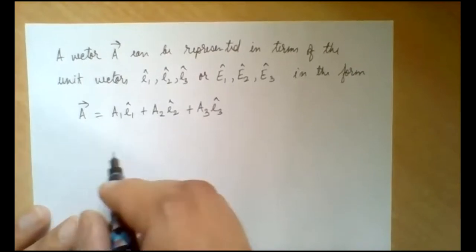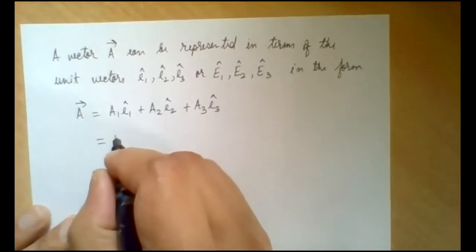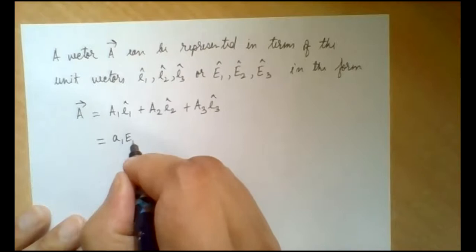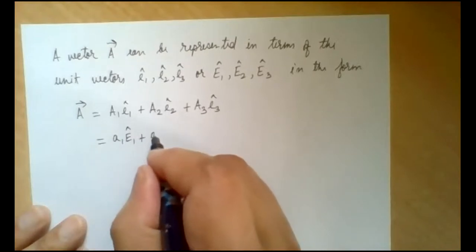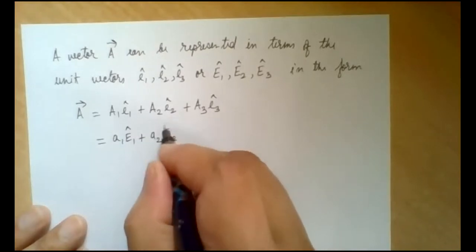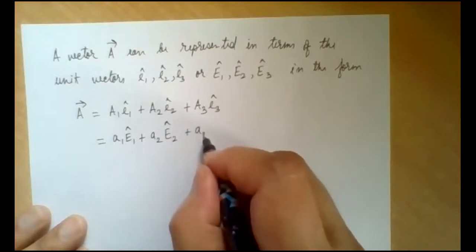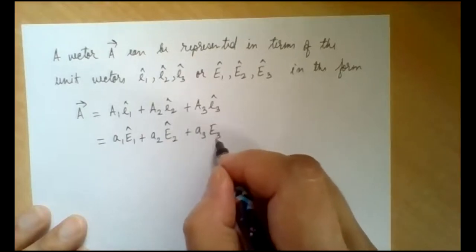This can also be written as small a1 capital E1 hat plus small a2 capital E2 hat plus small a3 capital E3 hat.